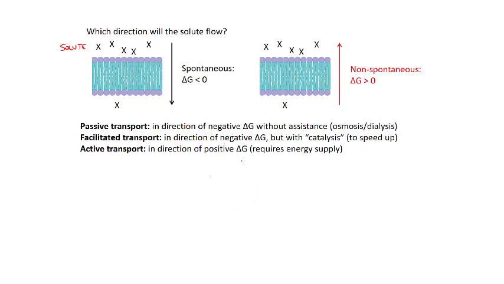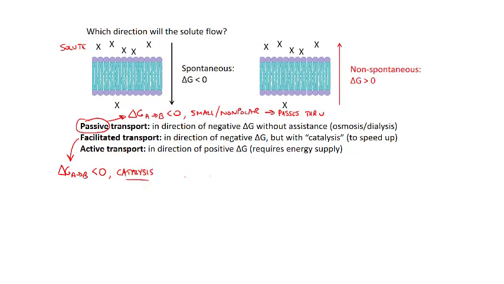All right, so to summarize, passive transport. Passive transport is when the delta G of moving from A to B is negative and you have a small nonpolar solute. And that means it just passes right through the bilayer. Facilitated transport is the situation when the delta G from side A to side B is negative, favorable, but you have catalysis to speed up the transport.